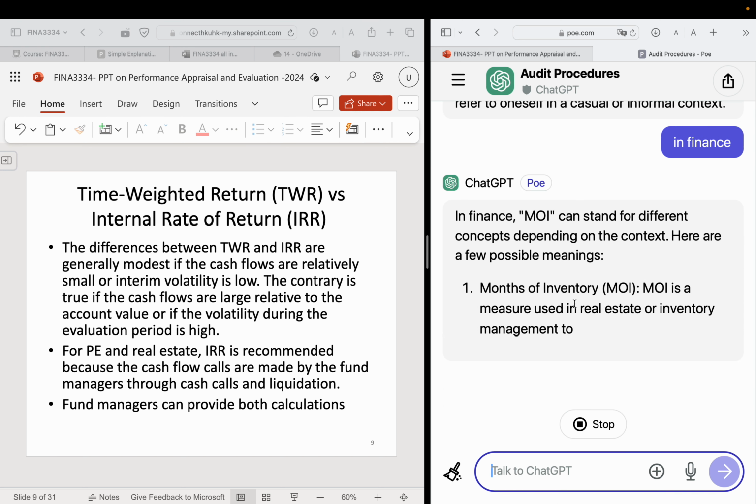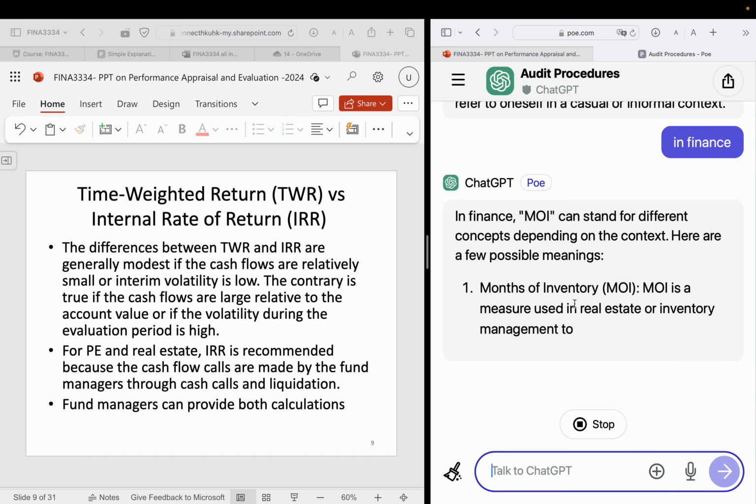After calculating the absolute return, we want to know, for example in the previous example, 8%, is it good or bad? If this is a zero interest rate environment, 8% is good. But when the treasury bill right now gives you 5.25%, 8% is not very good, because if I do nothing, I will already earn 5.25%.